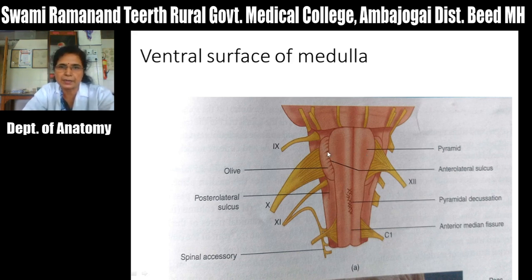Lateral to the pyramid, between the anterolateral sulcus and posterolateral sulcus, there is another oval shaped elevation called the olive, produced by the inferior olivary nucleus beneath this elevation.